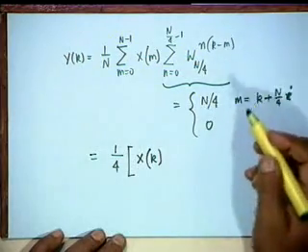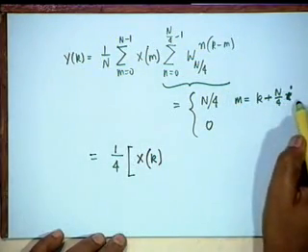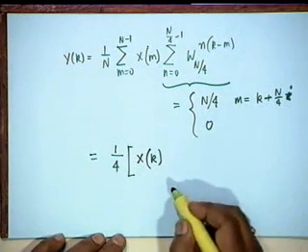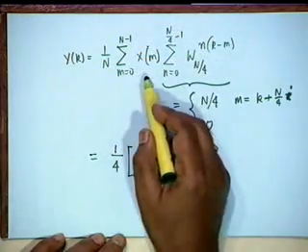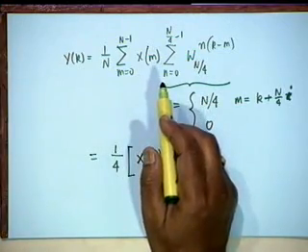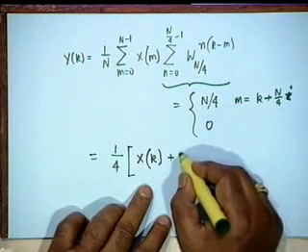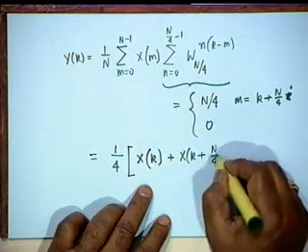That is right, x of k, because m equal to k plus n by 4 i, so x of k comes. In this summation only a few values of m shall figure. So the first one will be x of k, second one would be x of k plus n by 4.